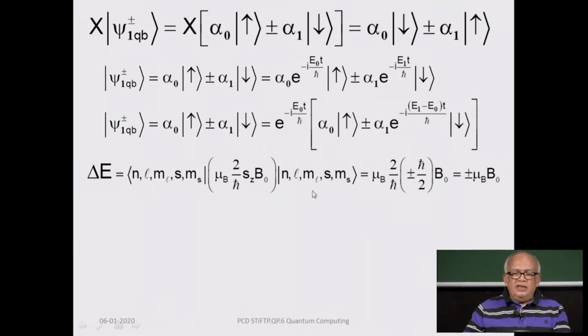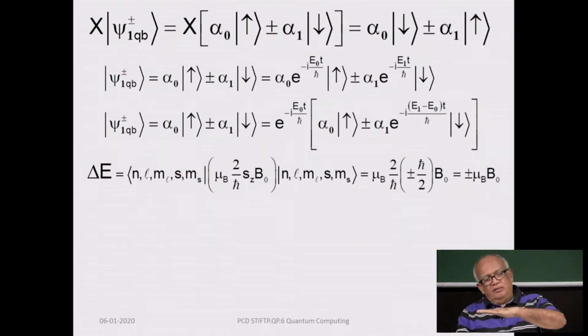So this is your interaction operator. These are your unperturbed states, N, L, ML, MS, right? And you take this matrix element, and it is very easy to see that this will be proportional to the magnetic field, other than the Bohr magneton, which is just the measure of proportionality.